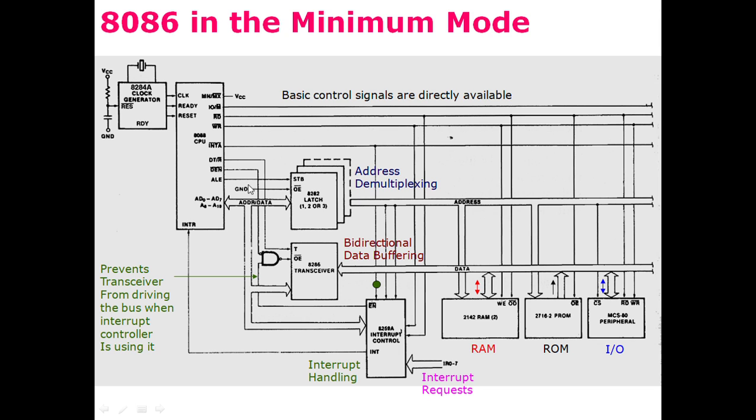This microprocessor is interfaced with random access memory, which is connected to the data bus, address bus, and some of the control signals. Similarly, read-only memory is also connected with the bus of the microprocessor, and input and output devices are also connected with the buses of the microprocessor.